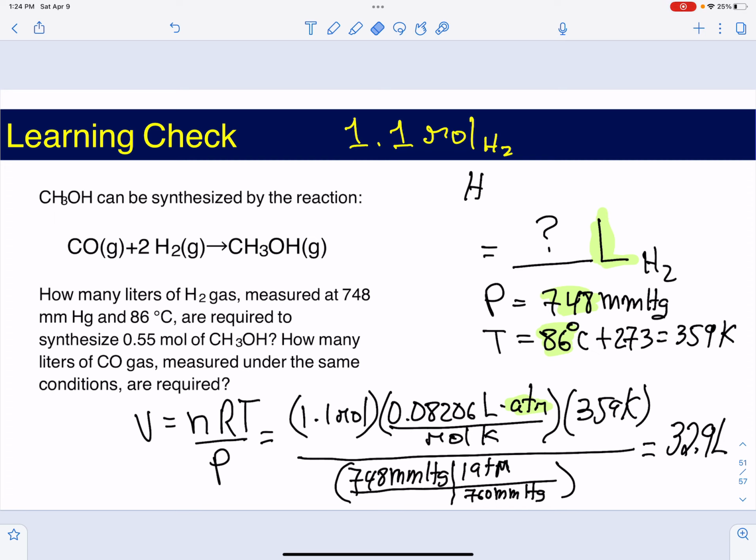So to be able to produce 0.55 moles of methanol in this reaction, we're going to have to use 32 liters of hydrogen gas, which is going to be at 359 Kelvin with a total pressure of 748 millimeters of mercury.